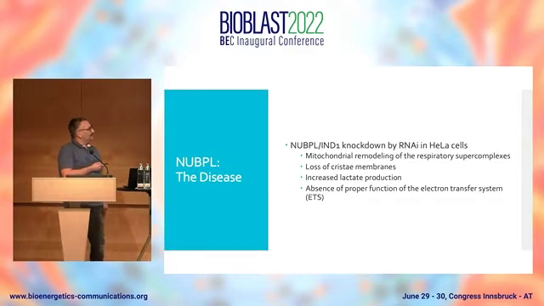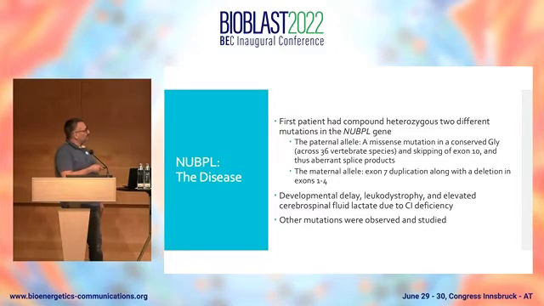In HeLa cells, knockdown of NUBPL leads to mitochondrial remodeling of the respiratory complexes, a loss of cristae membranes, and increased lactate production because of over-reliance on fermentation. And of course, there is an absence of proper function of the electron transfer system.